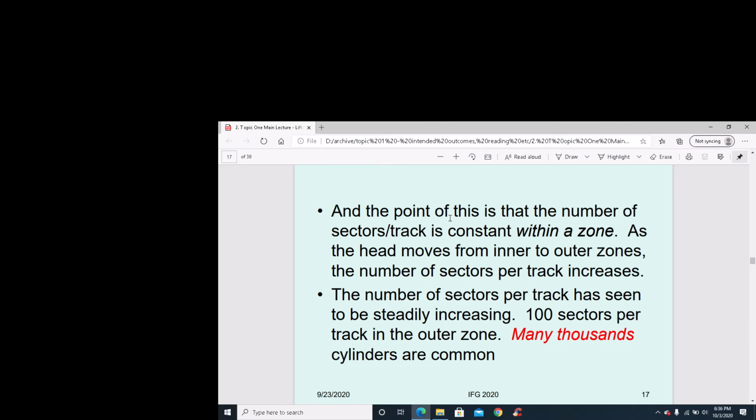So the number of sectors per track has seemed to be steadily increasing. Many thousands of cylinders are common on a disk system, as I said earlier.